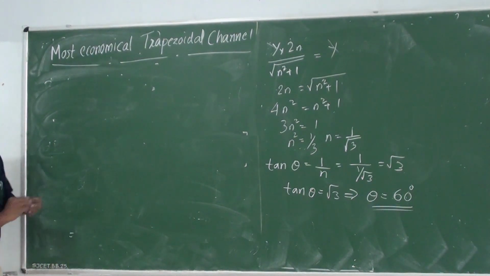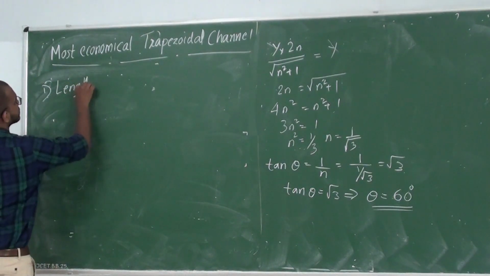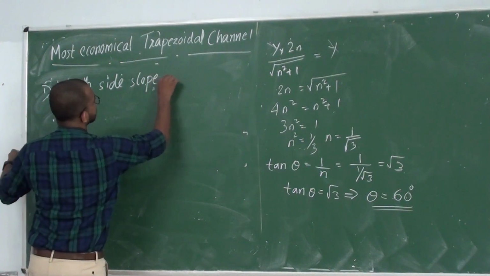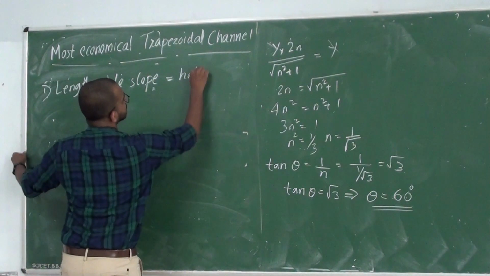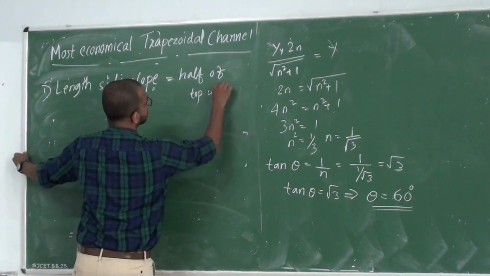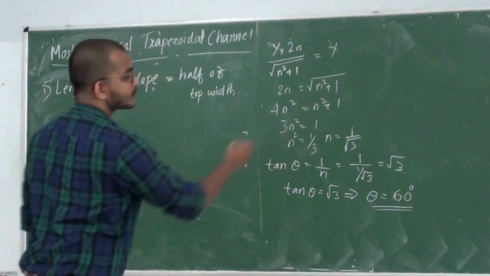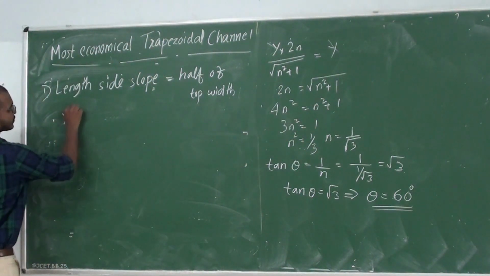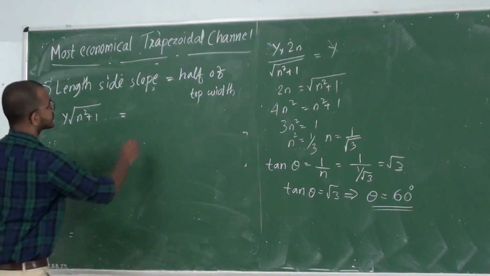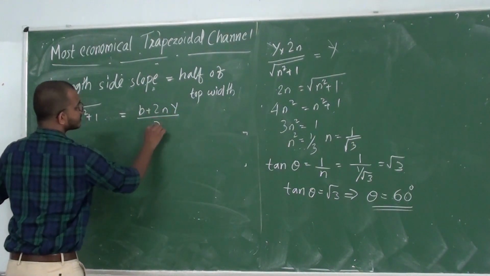Length of side slope equal to half of top width. So what was the length of side slope? Side slope is y into square root of n square plus 1, that is equal to half of top width, that is equal to b plus 2ny, the top width, divided by 2.